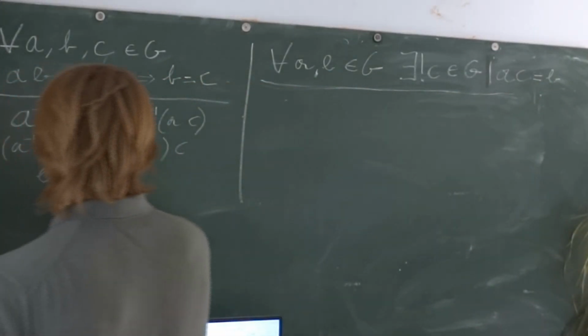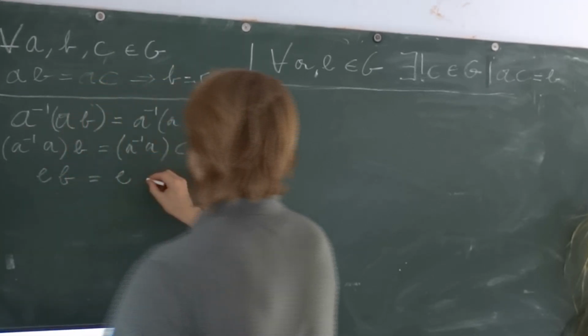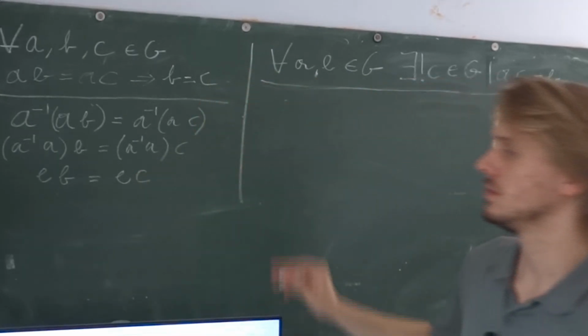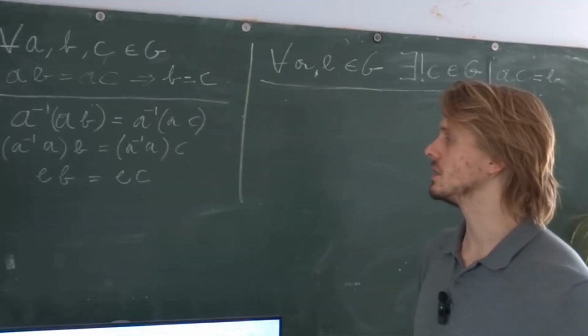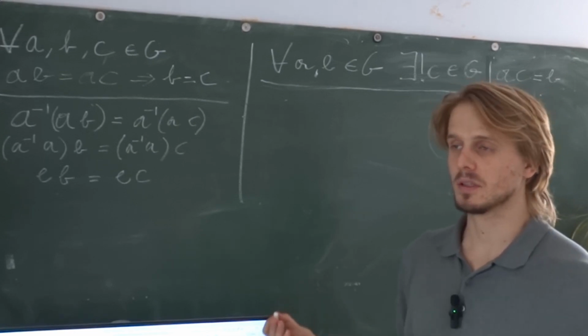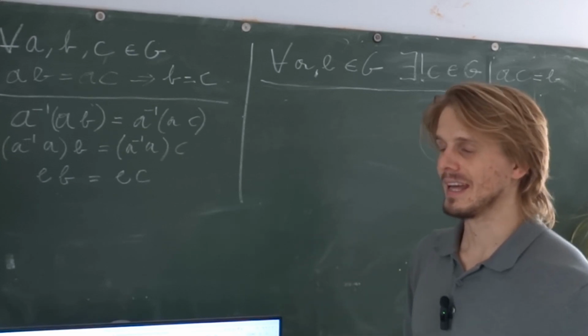Let's denote the unit element by E, I'm sorry. And now we just apply the property of the unit element that any element times the unit element is that element again.